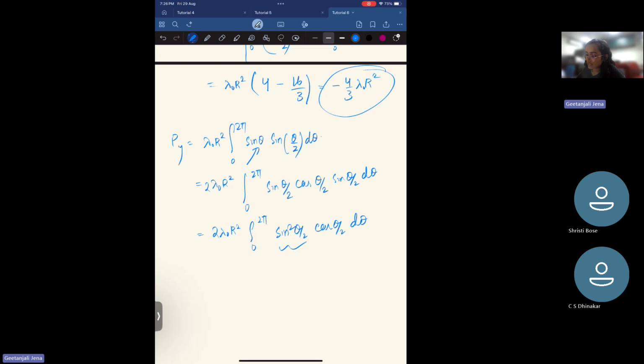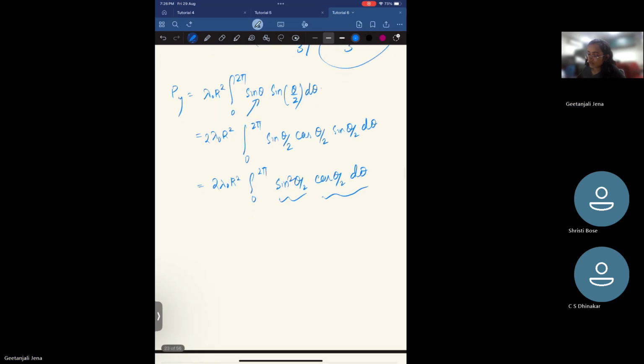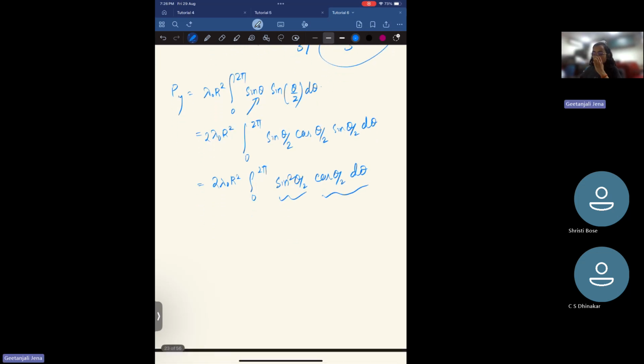It is in terms of x dx, and this will give sin cube theta by 2. But if you see the limits, it's in the range 0 to 2 pi, so sin 0 will be 0 and sin 2 pi will be 0. So just check, I think you will get the value 0 here.